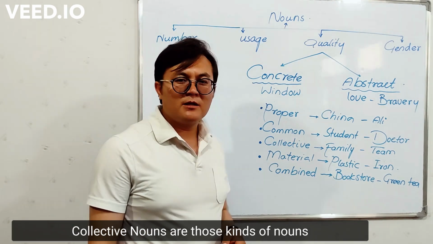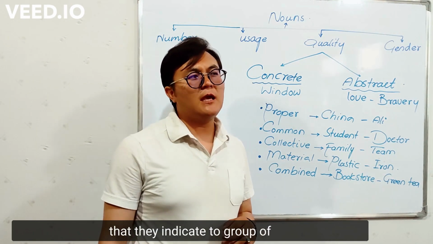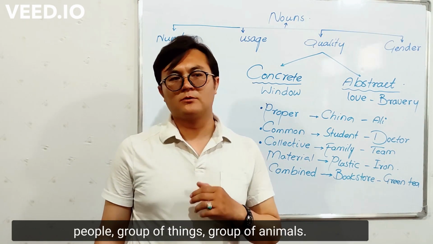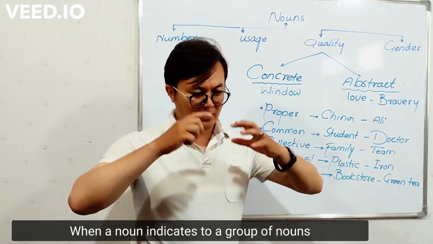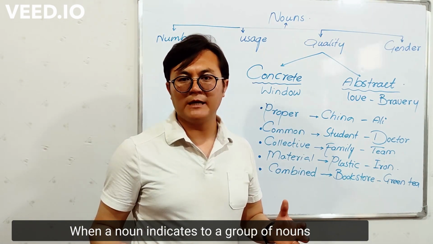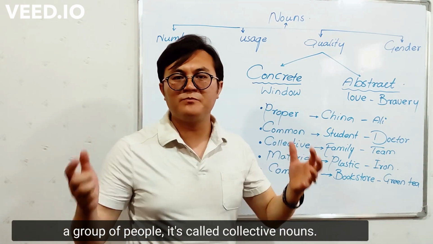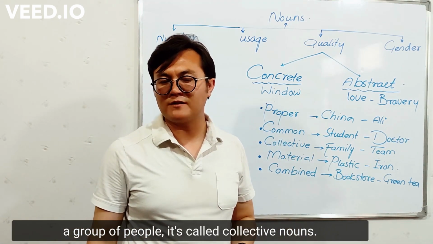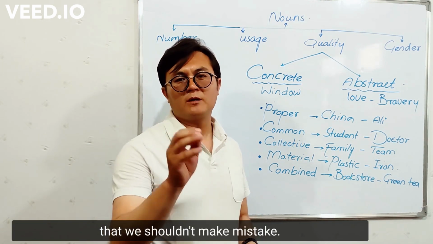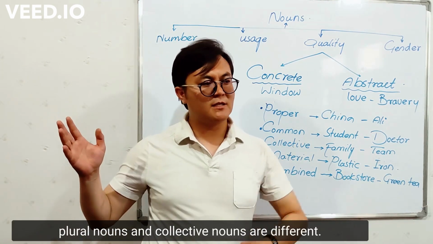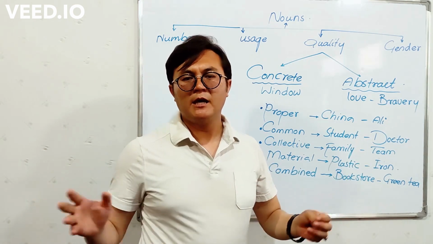Collective nouns are those kinds of nouns that indicate a group of people, a group of things, a group of animals. When a noun indicates a group of people, it's called a collective noun. There is one important point that we shouldn't make a mistake about: plural nouns and collective nouns are different.